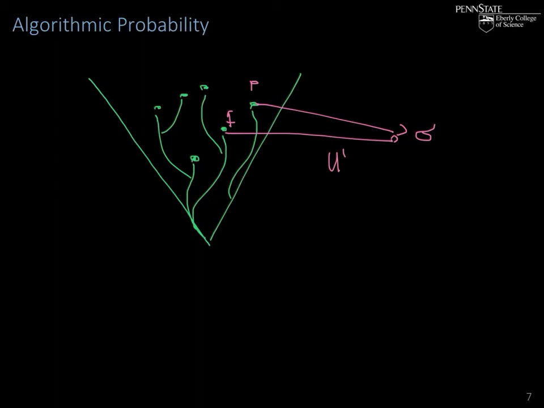Now the idea is, since this is a prefix-free set, if I start summing over these strings for which the prefix-free universal machine converges, that is, the sum of 2 to the minus length of P, where U prime of P converges, that's a number at most 1.